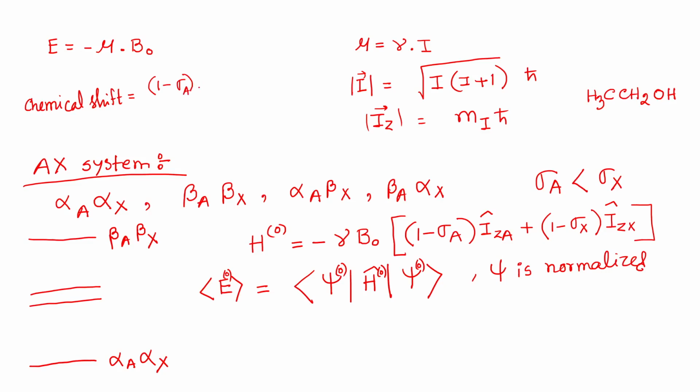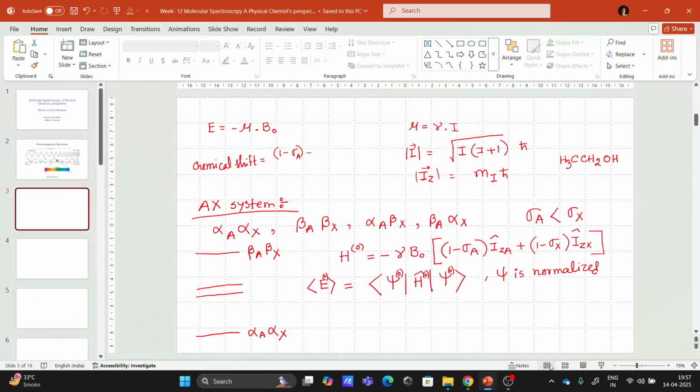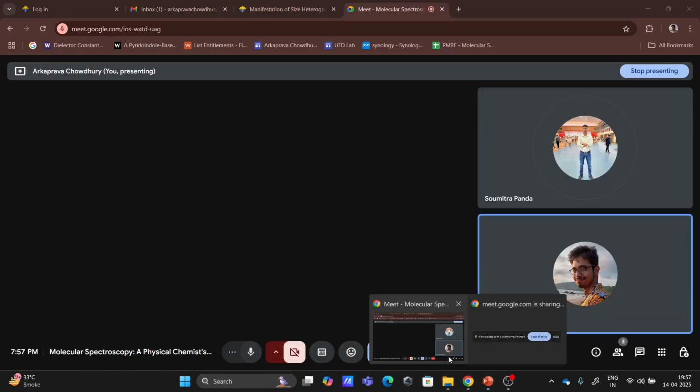Sigma A minus, let us actually check the notes.